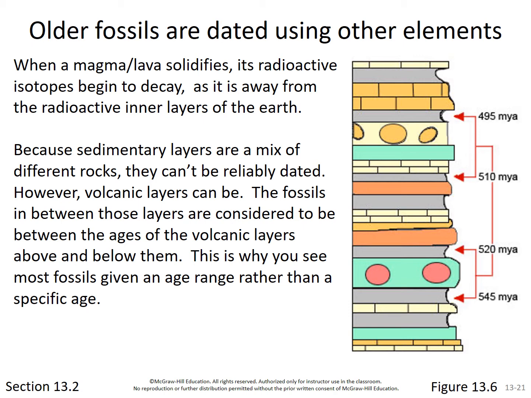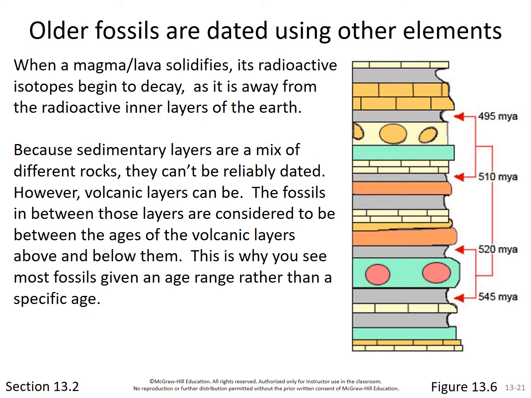This is where you have to look at the geologic strata that surround it. When magma or lava comes out to the surface of the Earth, its radioactive isotopes begin to decay because it's away from the radioactive inner layers of the Earth. Now, sedimentary rock is a mix of different rocks.